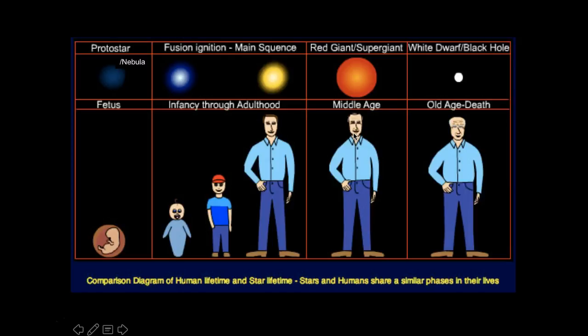And then in your middle age, that's when you turn into a red giant or a red supergiant. So that's when you're going to die before too long. You have quite a bit of time left, and then you have old age and death, and that's when you have a white dwarf or a black hole.